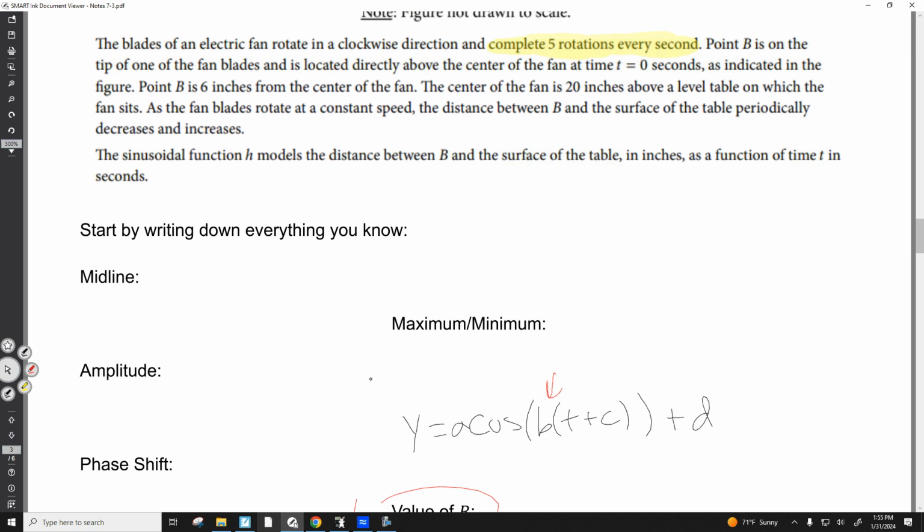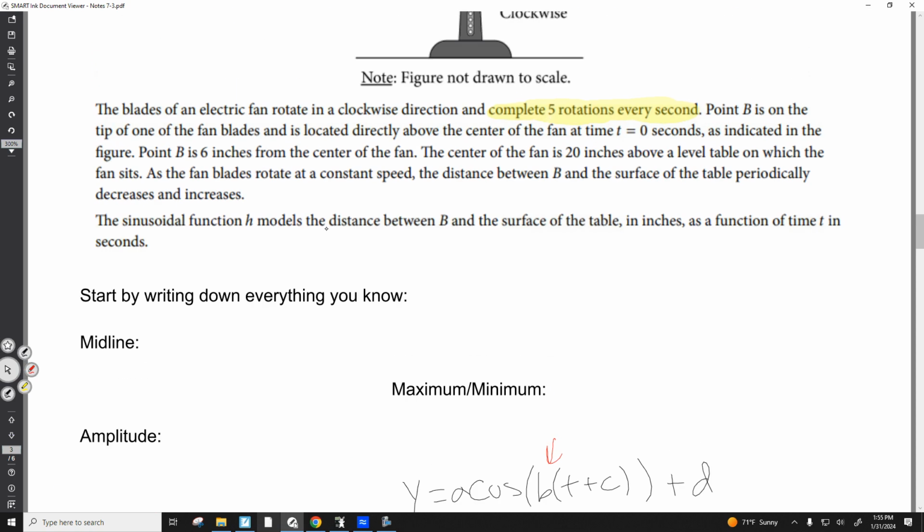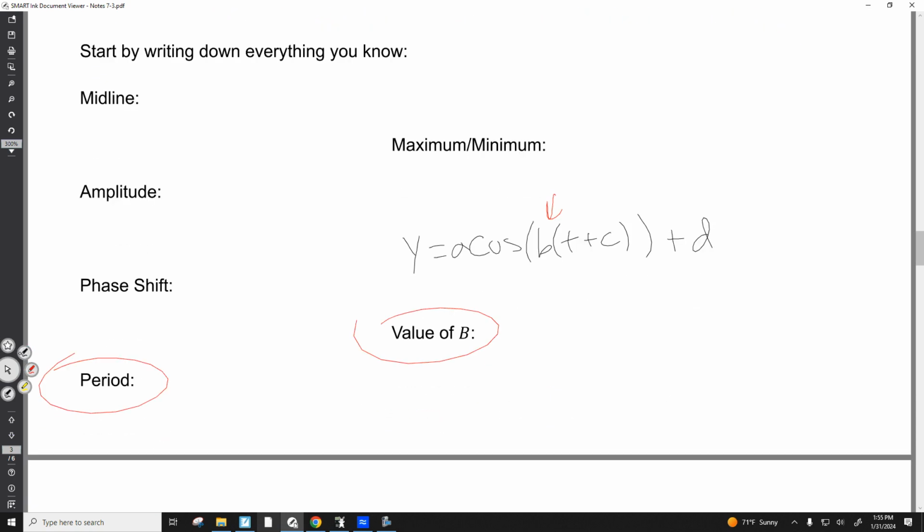It completes 5 rotations every second. That is 1 second to complete 5 cycles. This is 1/5 of a second per 1 cycle. The period is 1/5. This is very important, this understanding of how many times.